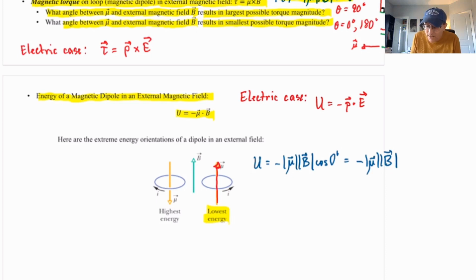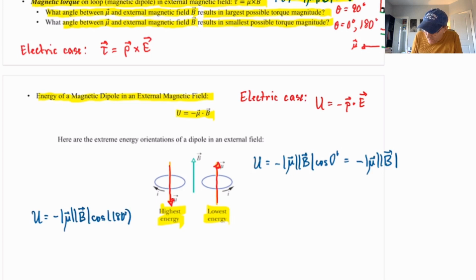The highest possible energy configuration is here, with the dipole twisted around so that the magnetic dipole moment is exactly opposite to the external field. And now the energy is negative mu dot B, so negative mu magnitude times B magnitude, and now we're taking the cosine of 180 degrees.